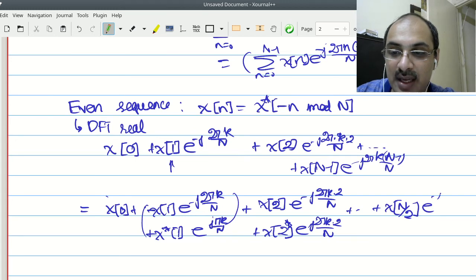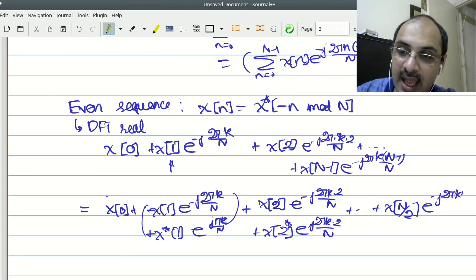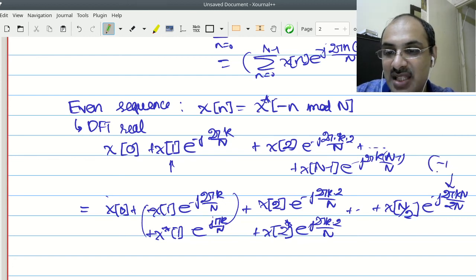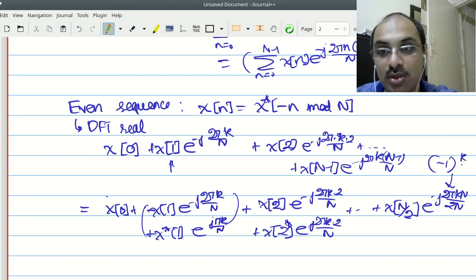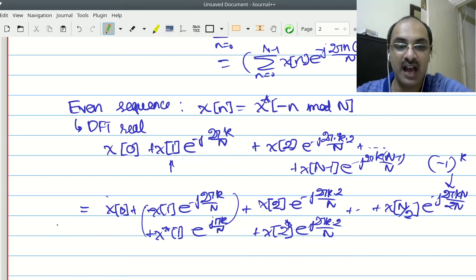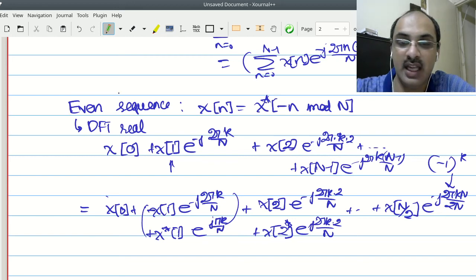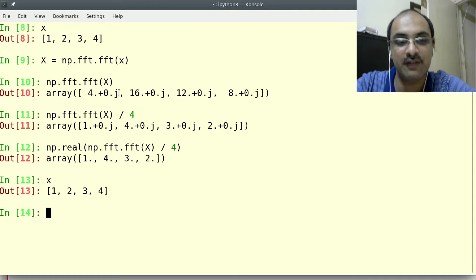It will have e power minus j 2 pi k N by 2N, and this will turn out to be minus 1 power k, which is also a real term. So if you have an even sequence, the DFT will be real. This can be verified very easily.